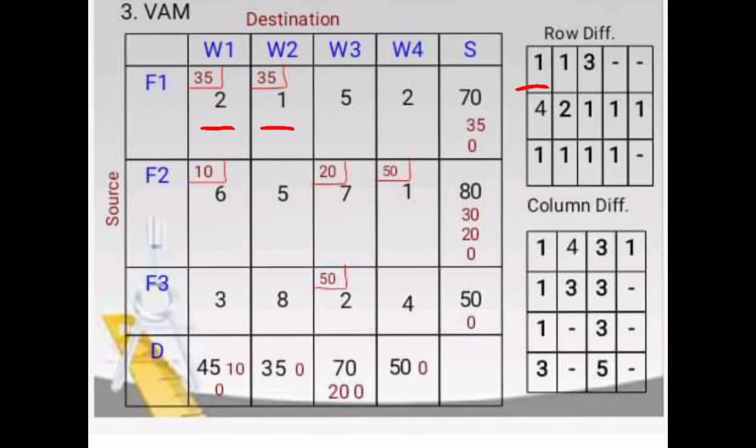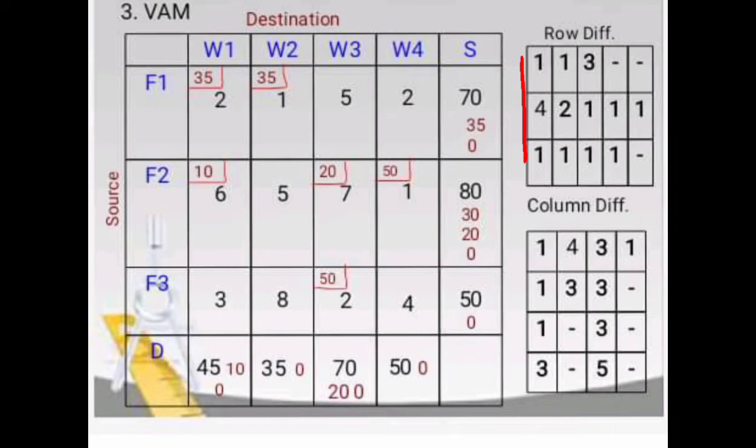In the next row, we have 1 and 5, so the row difference is 4. Next is 2 and 3. The row difference is 1. So we have here the answer. Next is the column difference.